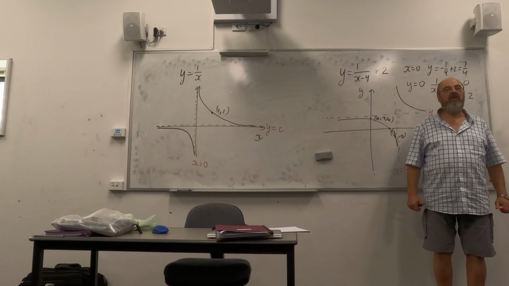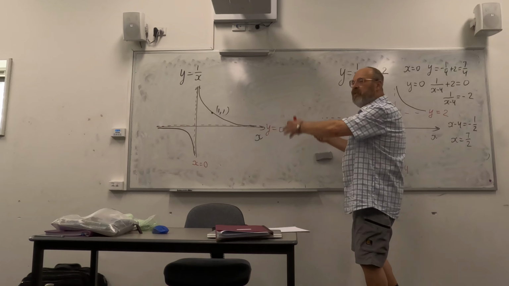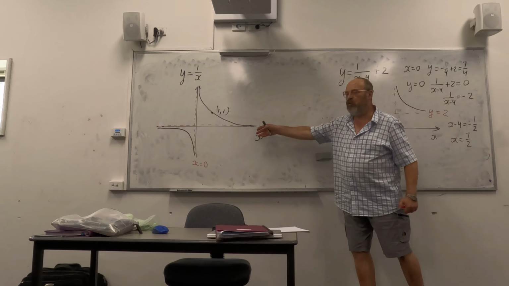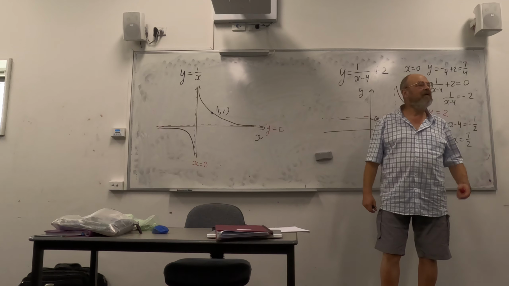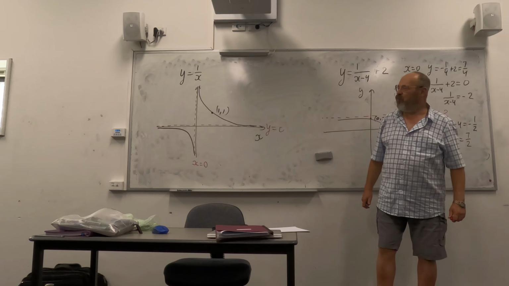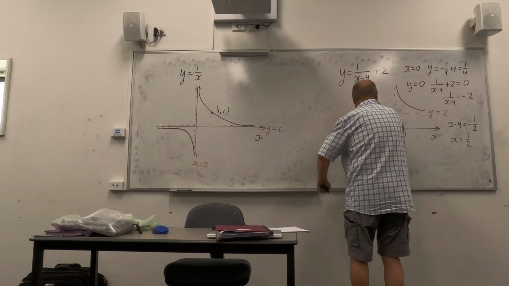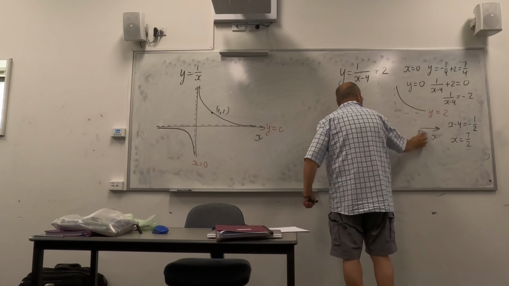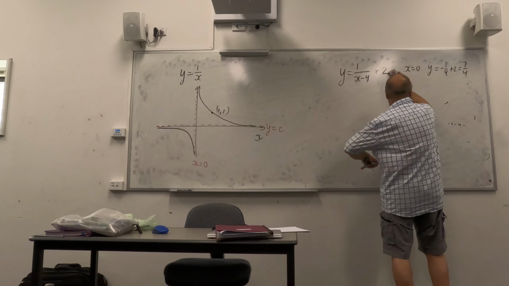Okay, now, what else can we do? We already moved the hyperbola up, down, left, right. What else can we do? Dilation and reflection.